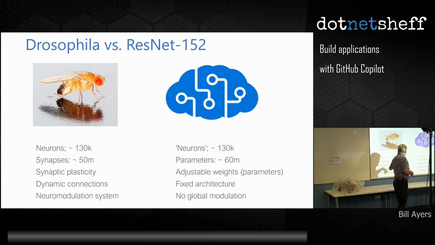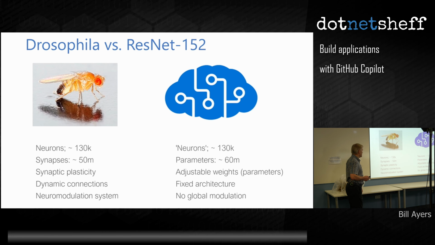These can change, and they can use neuromodulators like adrenaline and things to change its behavior, which we don't normally do. So it isn't quite a one-to-one mapping, but it gives you an idea. Back in 2017, the size of these was about equivalent. So we had AI models that were kind of fruit fly brain sized.